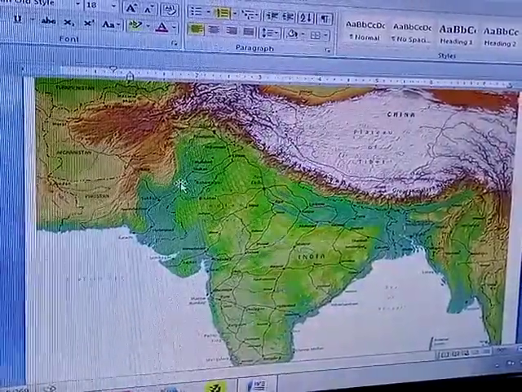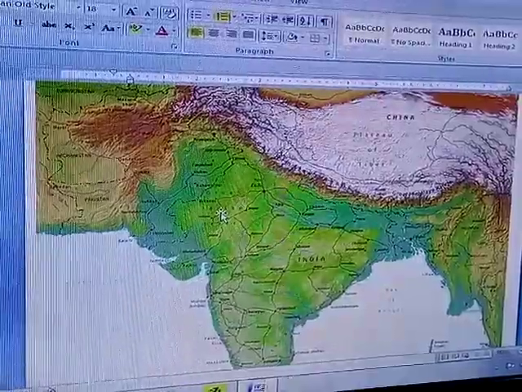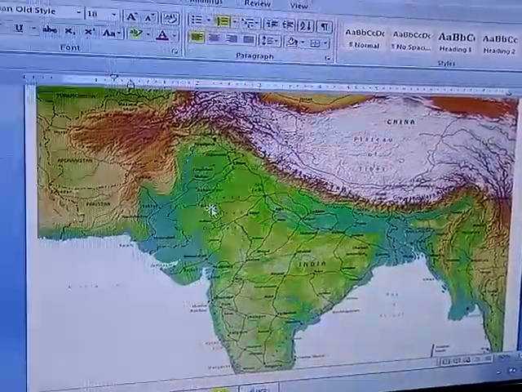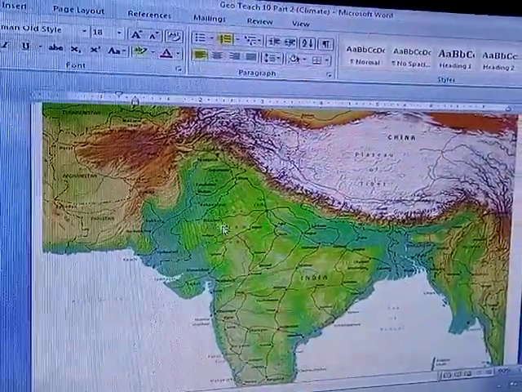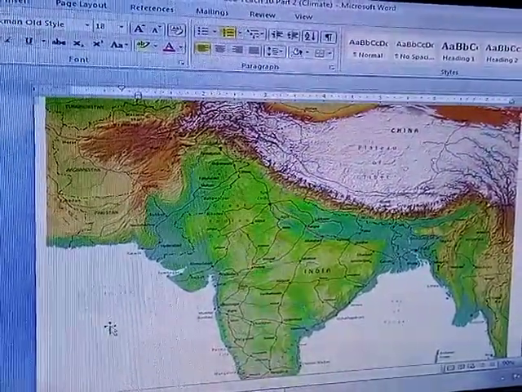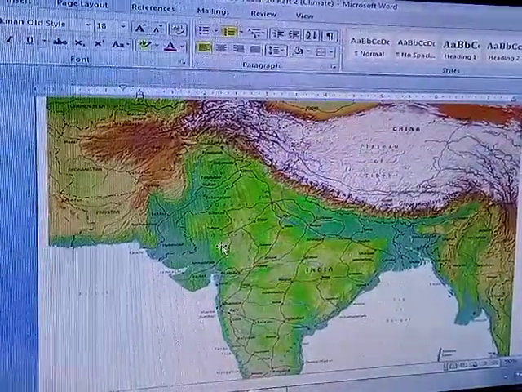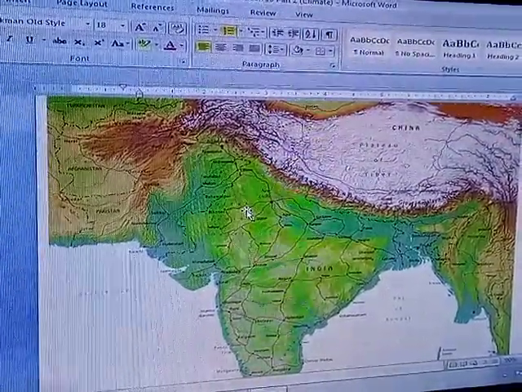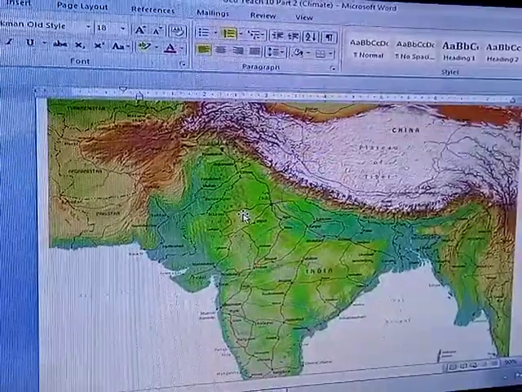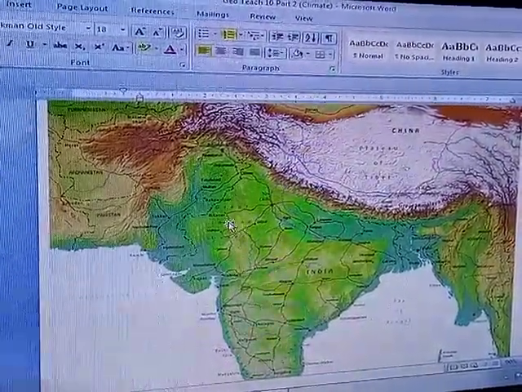If Aravalli was this way, then we would have created a barrier. So because Aravalli and the southwest monsoon are both parallel, the southwest monsoon of the Arabian branch cannot cause rainfall in this region in spite of the presence of the Aravalli mountain, because it doesn't create any barrier.